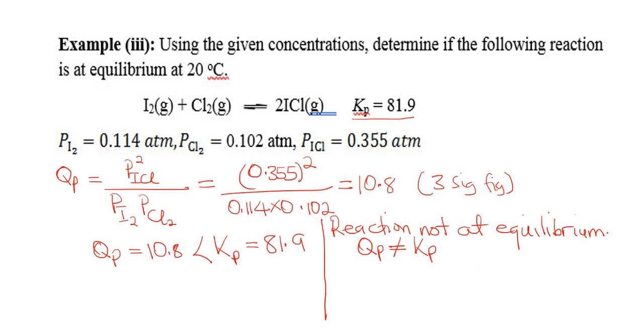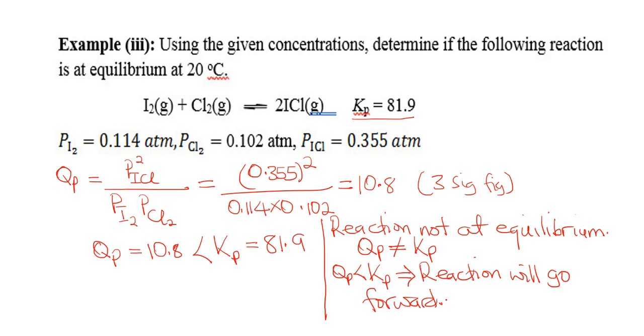Now, what will be the direction of this reaction? We see that Qp is less than Kp. This means that the reaction will go forward. So that's how we use Qp to understand what is happening before equilibrium, or what the direction of the reaction will be.